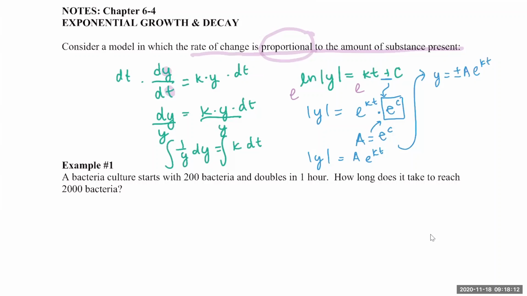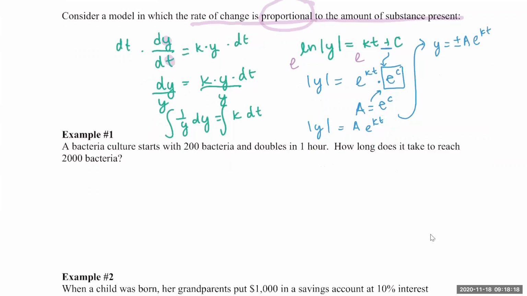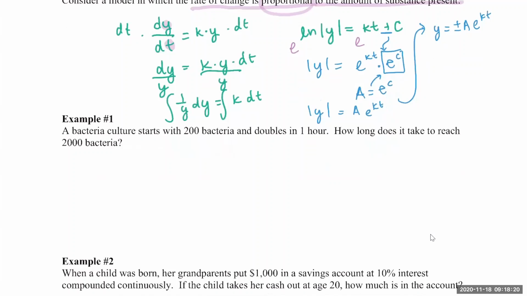Whether or not you define it as positive or negative, with the A or not, it will ultimately be clear that we all get to the same answer because of the conditions that they provide, the fact that they give you certain parameters, like in example 1, that it has to start with this amount. So it's not going to matter in the end.